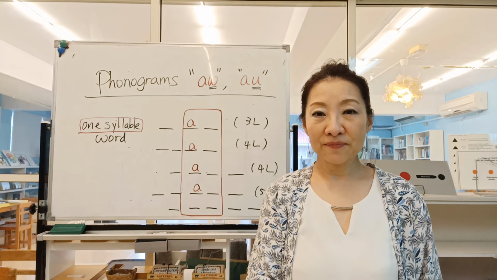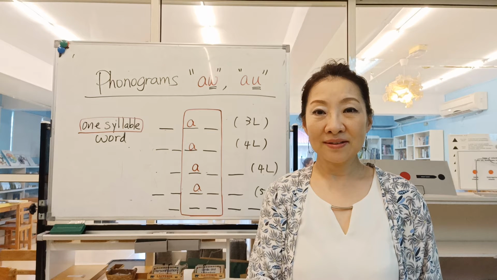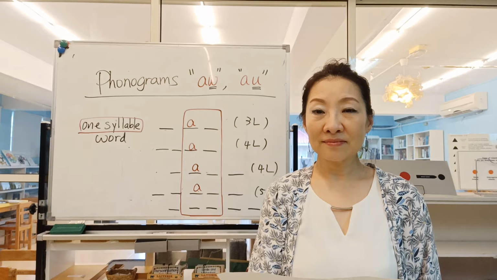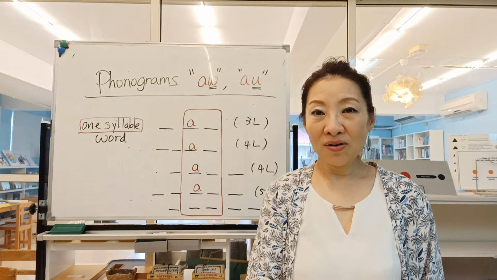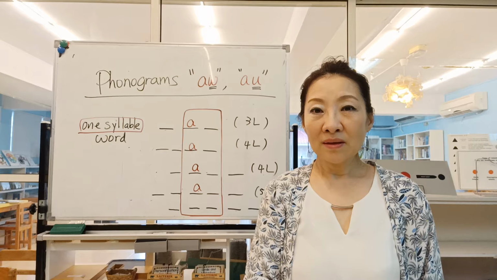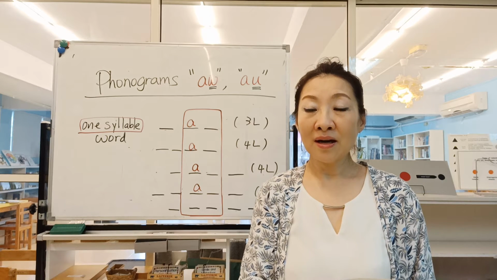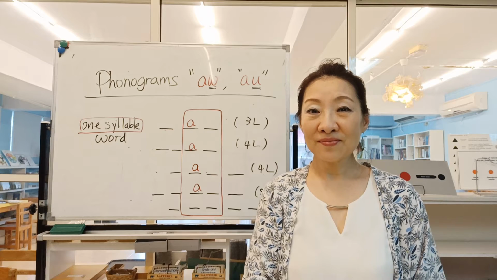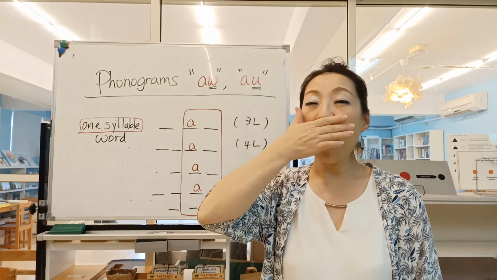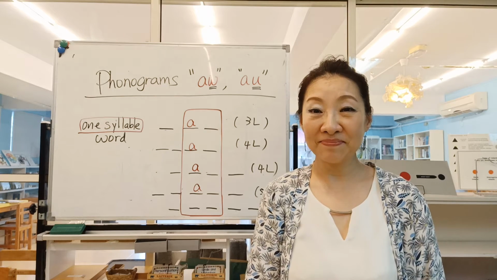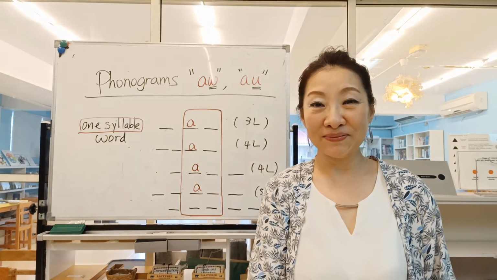Number 5, yawn. If you are asked to act out yawn, what are you going to do? It's like you're tired, you're going to do, oh, that's yawn. Yawning. Okay, that's yawn.